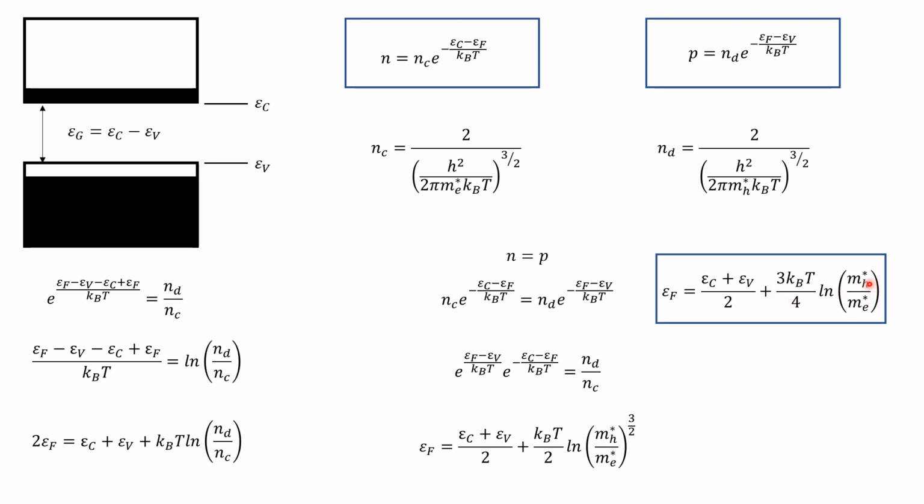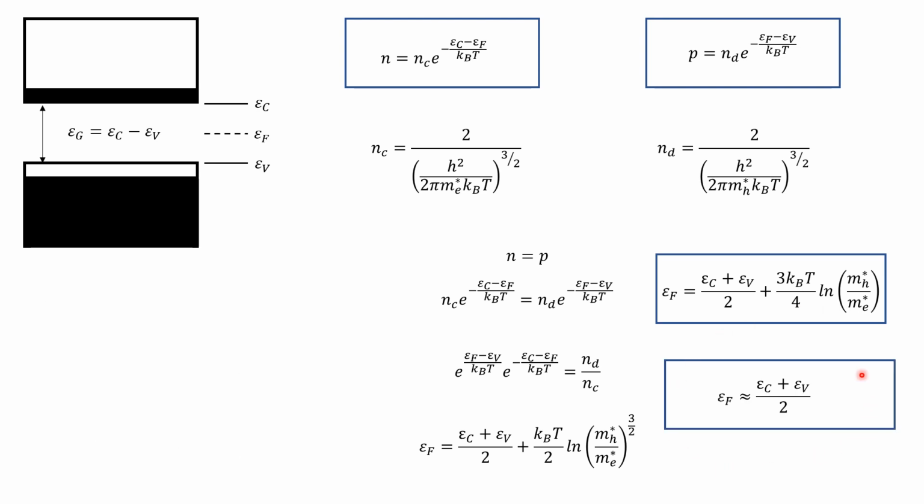So this number here is close to 1, so that the logarithm of a number close to 1 is something close to 0, because the log of 1 is 0. And that means that this is the main contribution to the Fermi level. So according to this expression, the Fermi level is in the middle of the band gap.